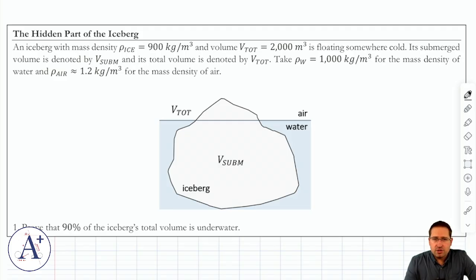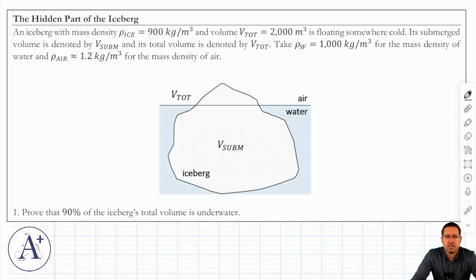We're given the mass density of water and of air, and we'll see why air matters, well, actually, why it doesn't matter. But we want to prove that 90% of the iceberg's total volume is underwater, which is something you hear all the time. It's about right, but let's prove it. With our simple knowledge of fluids and our simple models, let's get to that 90% mark.